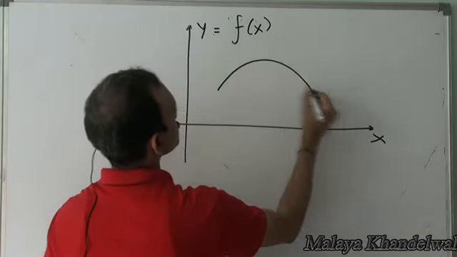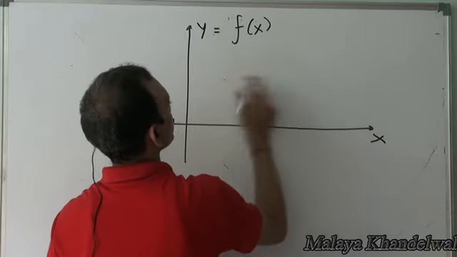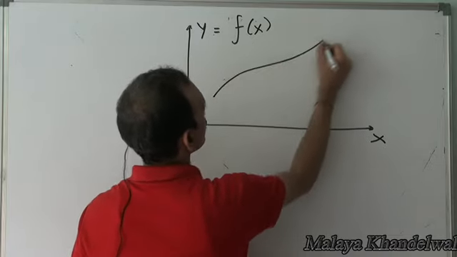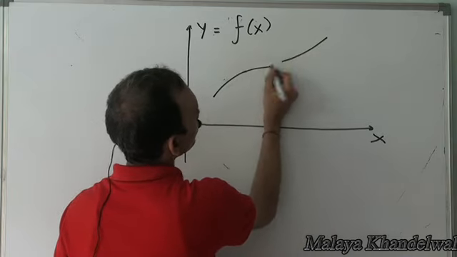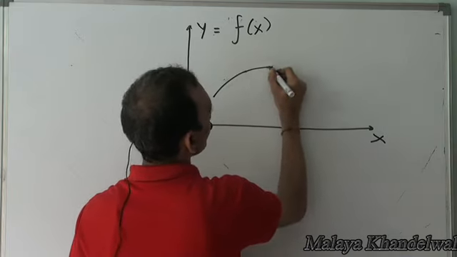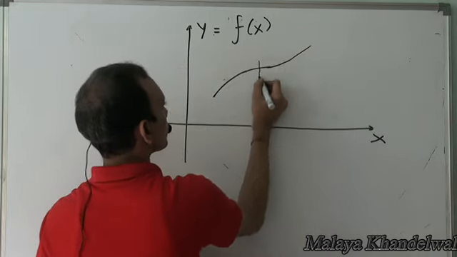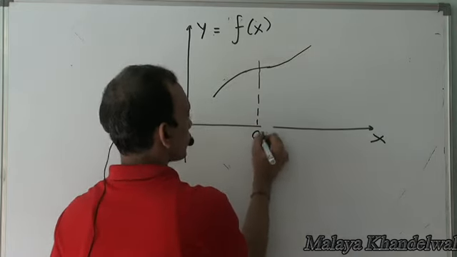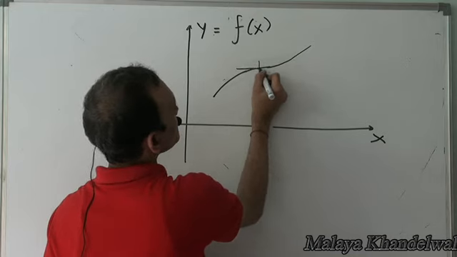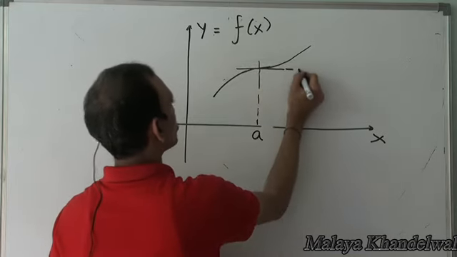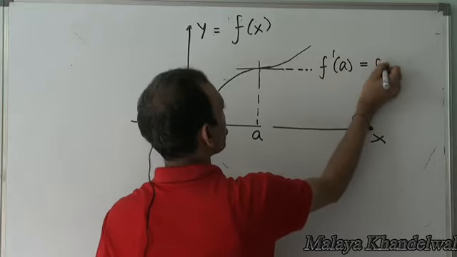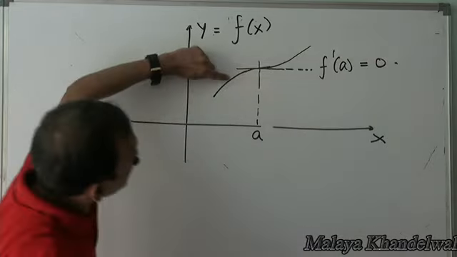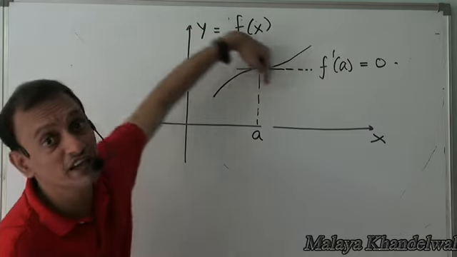Say something like this. The derivative at x equal to a becomes 0. But in the neighborhood of x equal to a, f dash x is positive.